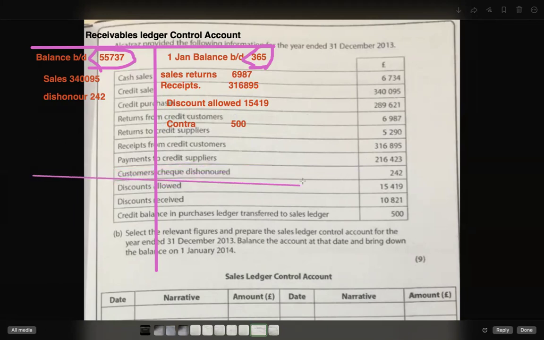See how I am balancing it? Find out the total of the debit side. What is the total on the debit side?